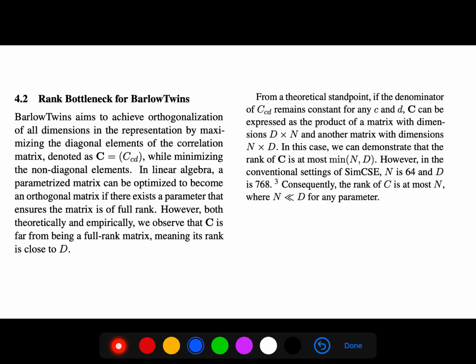From a theoretical standpoint, if the denominator of that C remains constant, C can be expressed as the product of a matrix with dimension D times N and another matrix with dimensions N times D. So we can demonstrate that the rank of C is at most the minimum of N and D. However, in the conventional setting, N is 64 and D is 768.